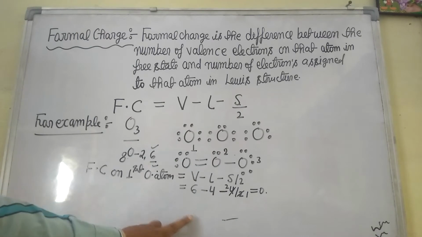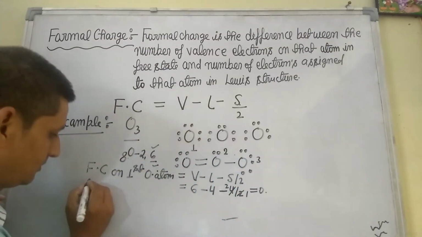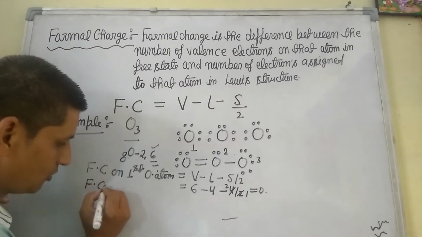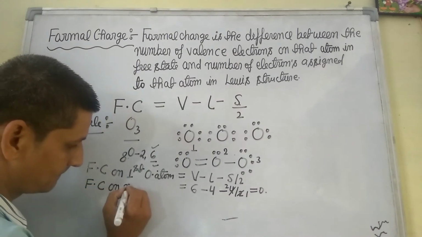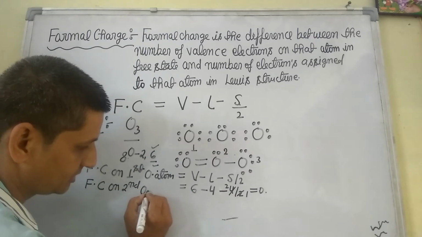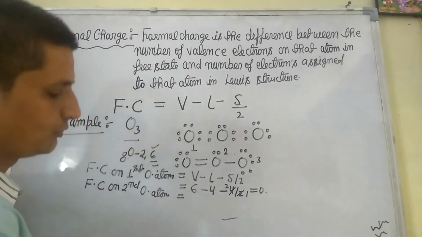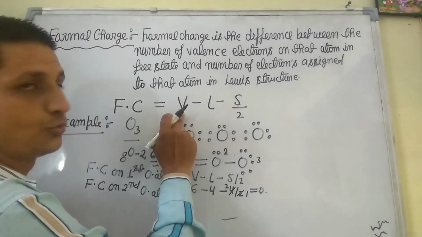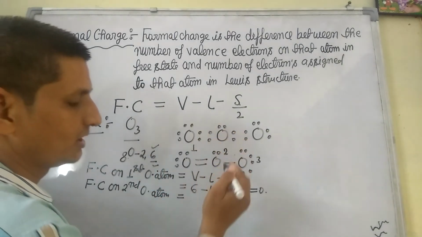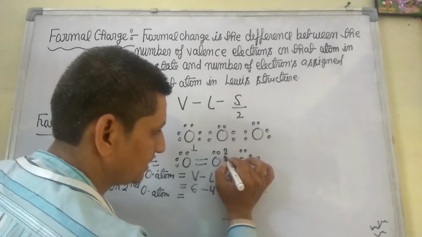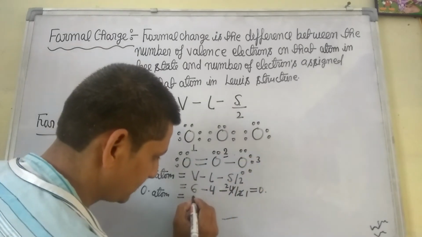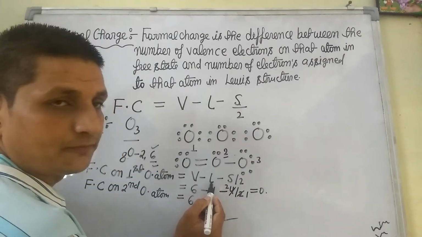Now students, I am telling you the formal charge on the second oxygen atom. Dear students, you know very well the formula of formal charge. The total number of valence electrons on the second oxygen atom is also 6. After this, lone pair electrons.